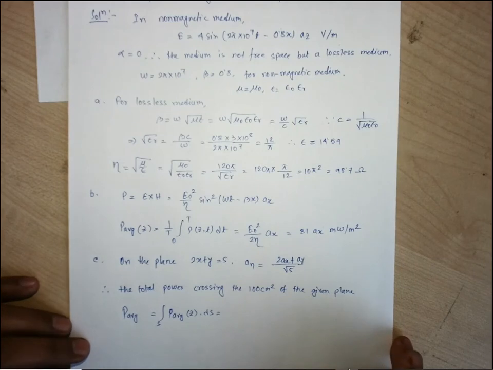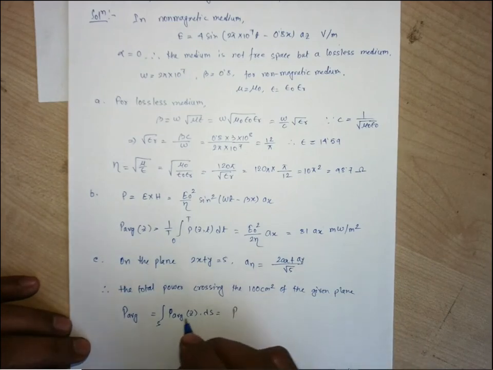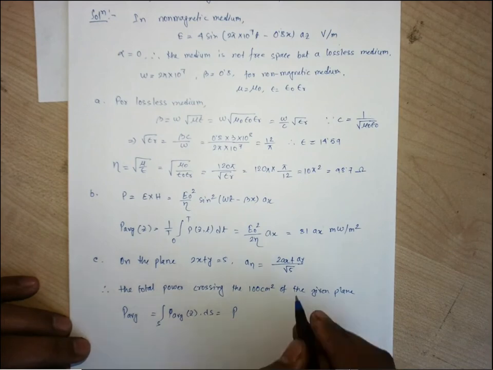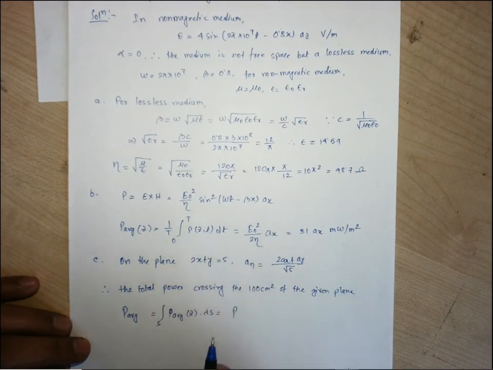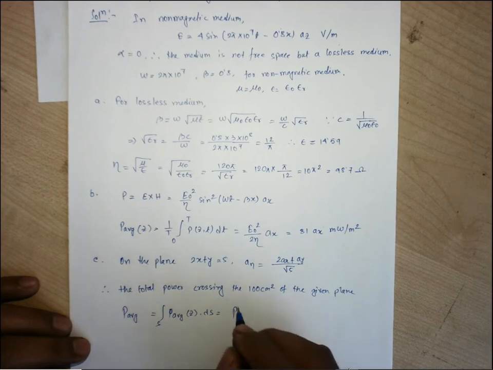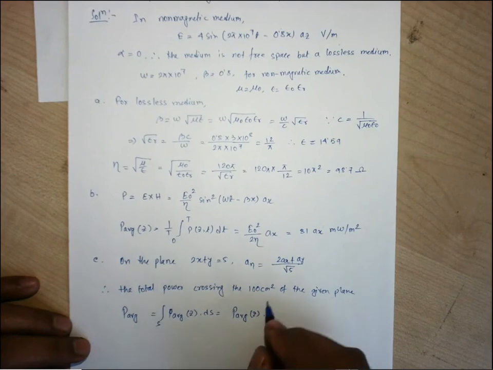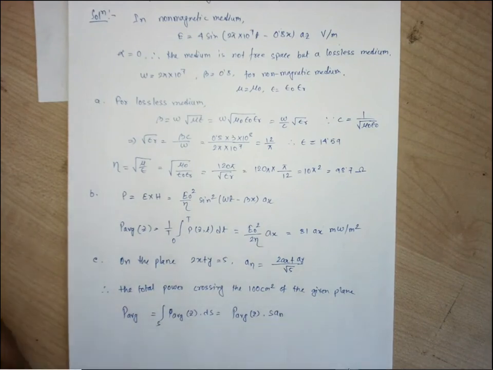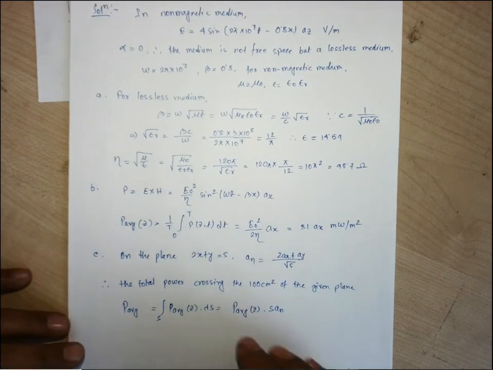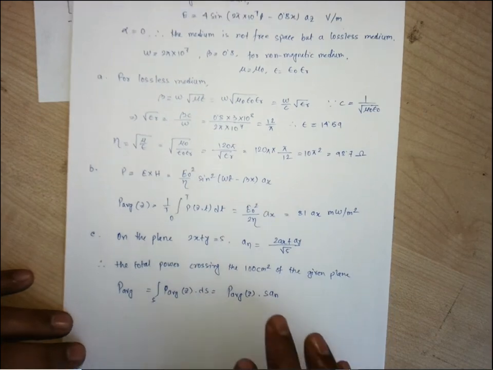We can write the surface integration ds as ds times the normal vector. So we write it as average Poynting vector dot S times an, the unit normal to that surface. We simply put in this value and take the dot product.